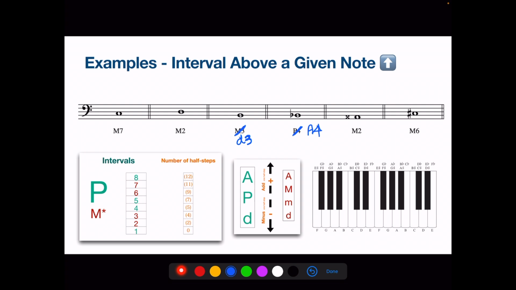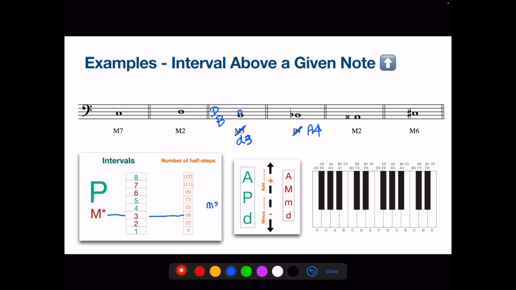So starting from this first one, we have a B right here. And from B, three letter names up is going to be B, C, D. The next one is going to be some kind of D. Okay, now we go to the interval chart. What we do know is a major third has 4 half steps.